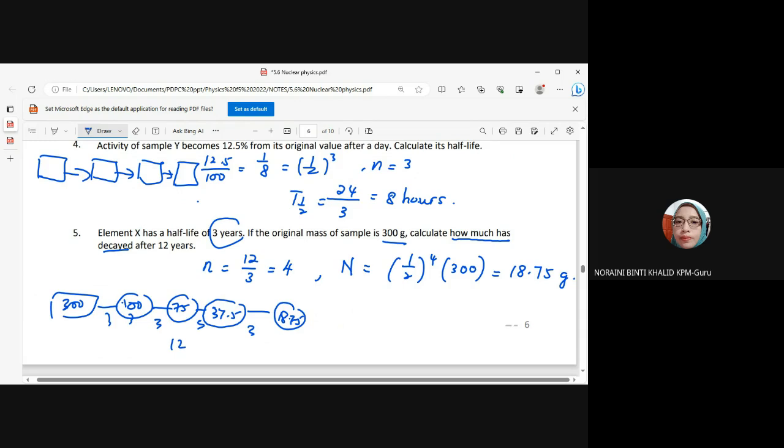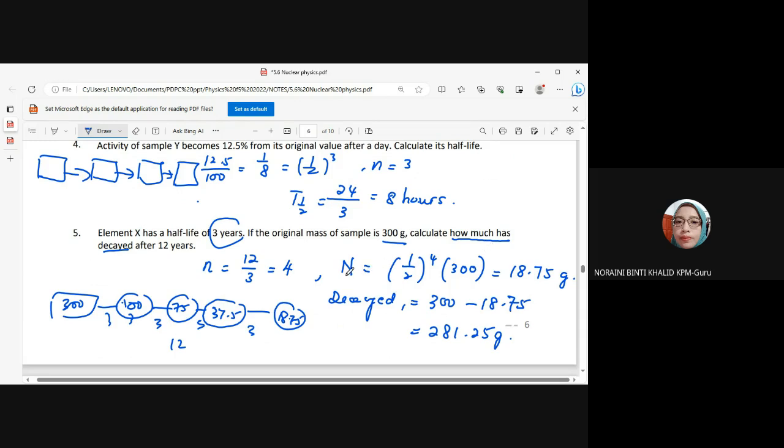And then this is what left. How much has decayed means yang sudah decay, you kena ambil 300 minus 18.75. You dapat 281.25 gram. Jadi kena baca soalan betul-betul, you faham soalan dia.